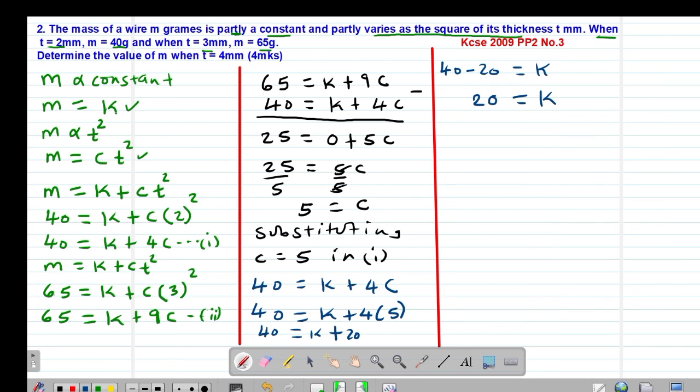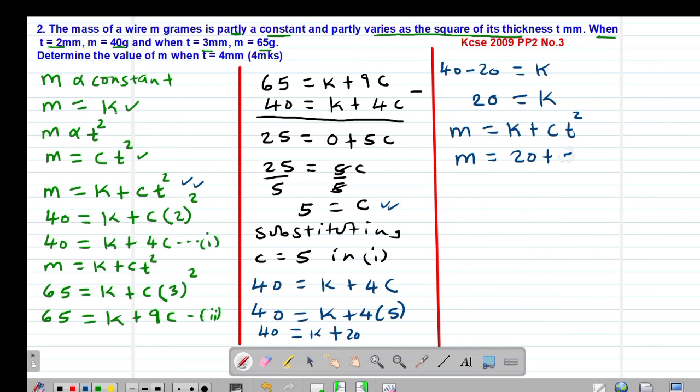Now it means that the equation connecting M and T will be given by, so remember we had this equation here. Let me just rewrite it. M is equal to K plus CT squared. So if I substitute the constants that I've gotten, I'm going to have M being equal to K. My value of K is 20, plus C. The value of C, we got it as 5.